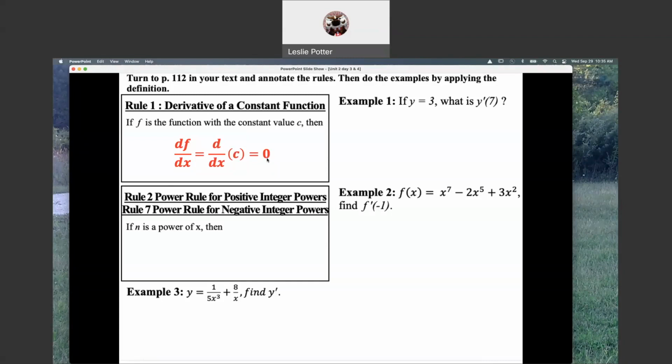So the derivative of my function with respect to x, if my function is a constant, the derivative is 0. So if your function is y equals 3, what's the derivative when x is equal to 7? 0.